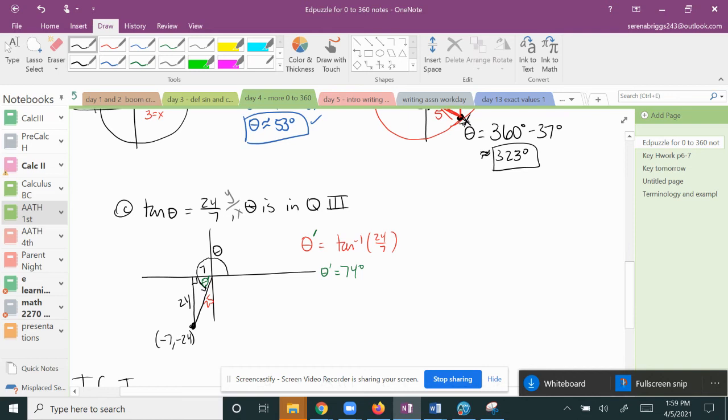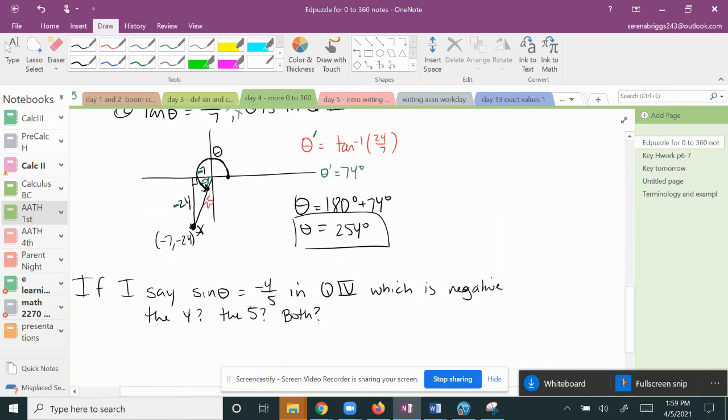If theta prime is 74, how much do you have to rotate from here to here in order to pick up that load right there? We'd need 180 plus 74 to get theta. My theta, my rotation angle, is 254 degrees. And I've labeled all the sides of my triangle. I just think I ought to label this -7 and that -24, but 25 for the radius.